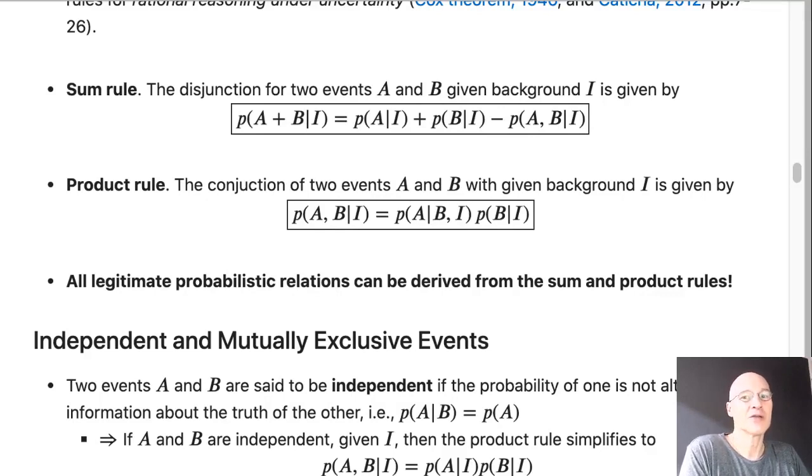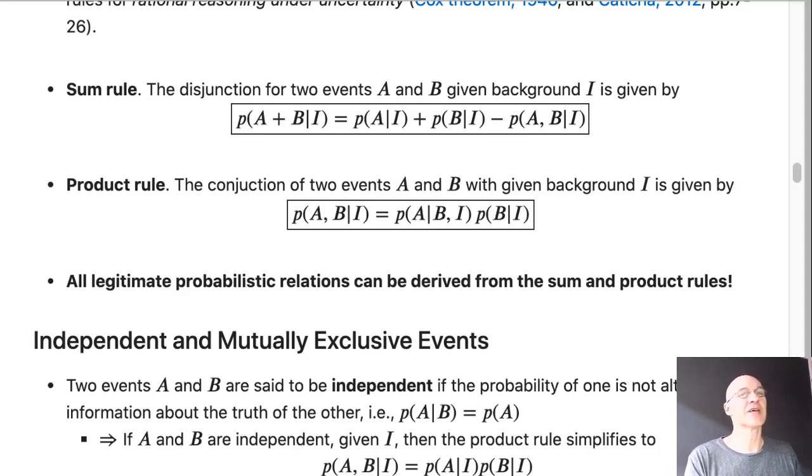In part 1, we introduced probability theory. In particular, we introduced an interpretation of probabilities, namely the Bayesian interpretation, as a state of knowledge, as a belief. So when we write the probability for an event A, what we mean is what is your belief that the event A is true.